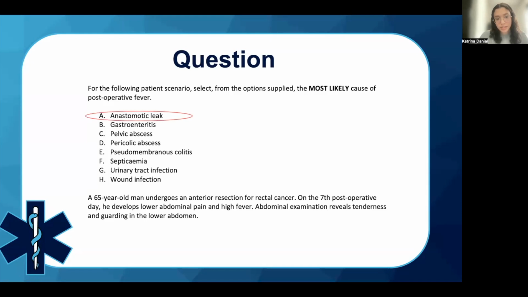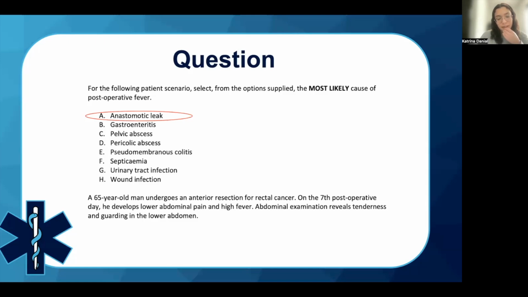The answer here is an anastomotic leak. Now, other answers that it could have been include a pericolic abscess because he's had surgery on his rectum. But the thing that points more towards a leak is that, one, he's had a resection, so portions of his bowel have been joined together.